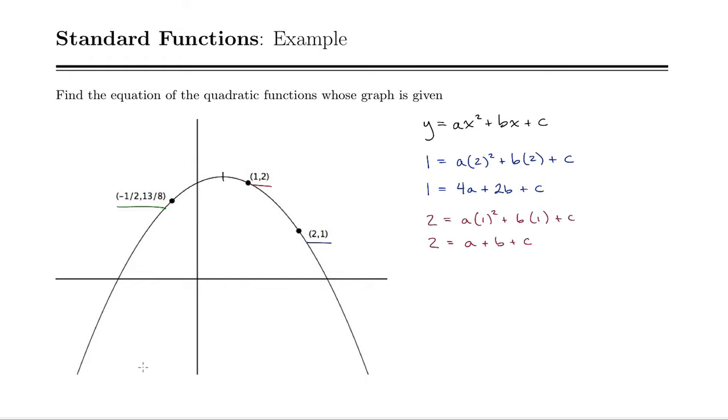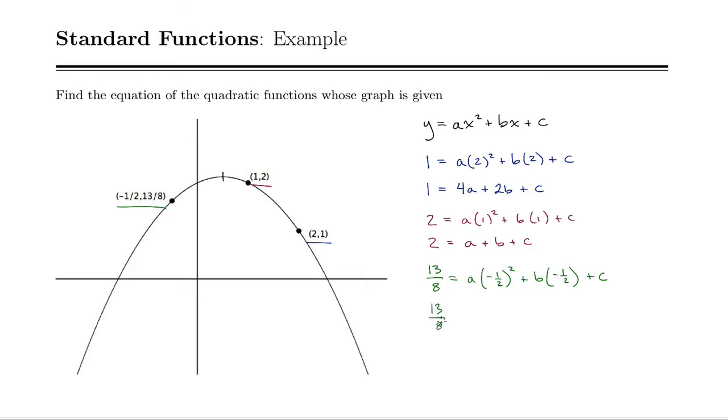And finally, we have this third point, which is not going to be as fun to work with. We've got 13/8 equals a times negative 1/2 squared plus b times negative 1/2 plus c. And we can simplify this.